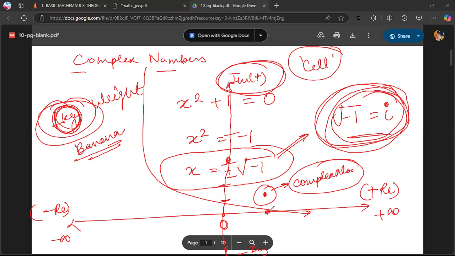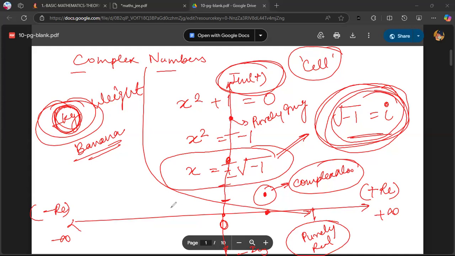But if the number is lying on the real axis, we may call it a complex number as well as a purely real number. And if the number is lying on the imaginary axis, of course it is a complex number, but we can also call it a purely imaginary number, because it does not have any real part. So it's not a real number, it's purely imaginary. And if the number is present on the number line, then it is purely real.